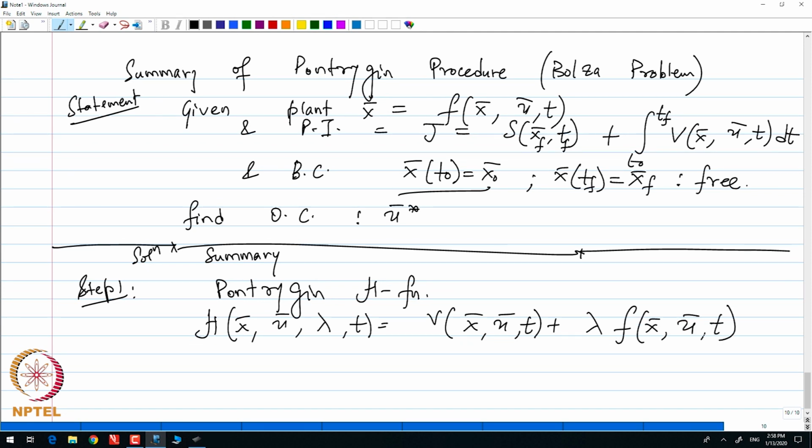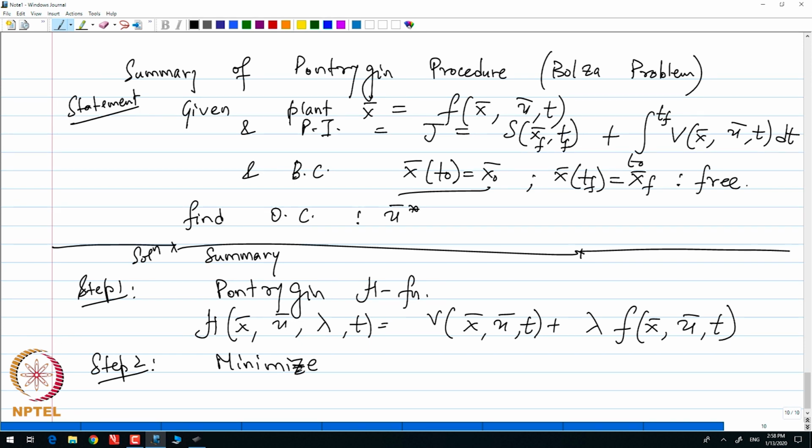So, that is my Hamiltonian, and then the second step is we are going to minimize the Hamiltonian with respect to the control. Notice that we are writing the word minimize although we are taking the first derivative, and the reason being we are dealing with convex functions.